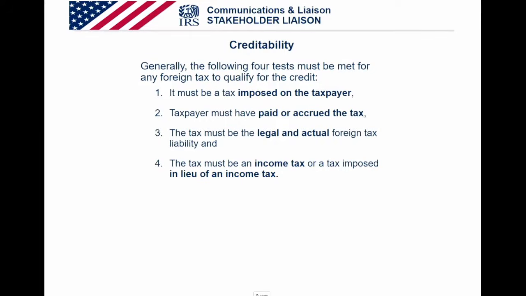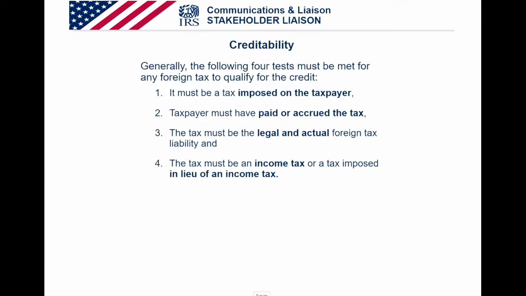Another important point to note, too, is did the taxpayer utilize the correct income tax rate for their legal and actual foreign income tax liability? If the U.S. has a treaty in place with the treaty country, then the actual and legal tax liability is the tax rate specified by the treaty, and not necessarily the typical statutory rate.